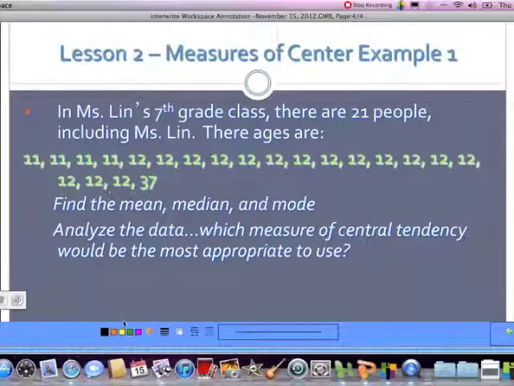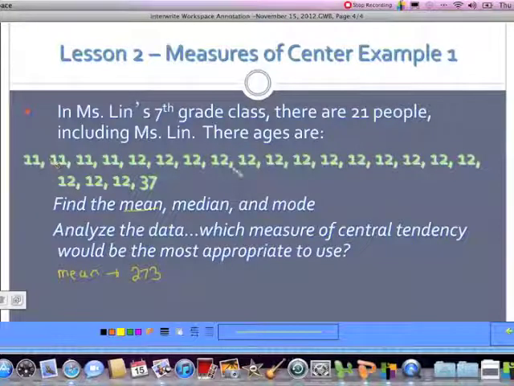First, we're going to find the mean. And the mean is simply the average of the numbers. So to find the mean, you are going to add all of the numbers in the data set, which I have already added. And the sum is 273.